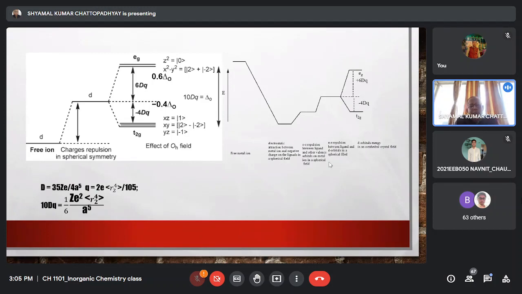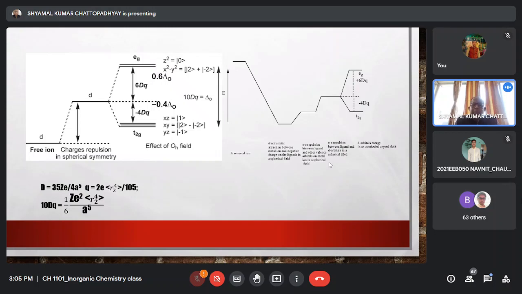So you must remember, though crystal field theory can be used to explain various phenomena of chemical bonding and properties of metal complexes, when we apply any theory, we must know its shortcoming. The limitation of crystal field theory is that it contributes only 10 to 15% of the total bonding energy in a metal complex.